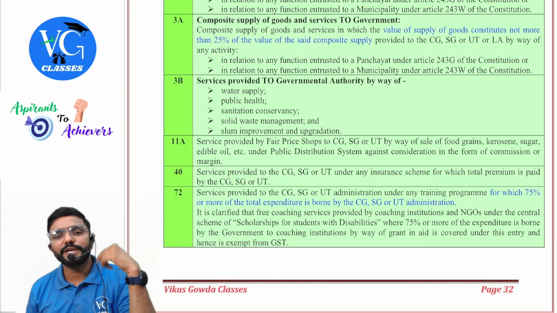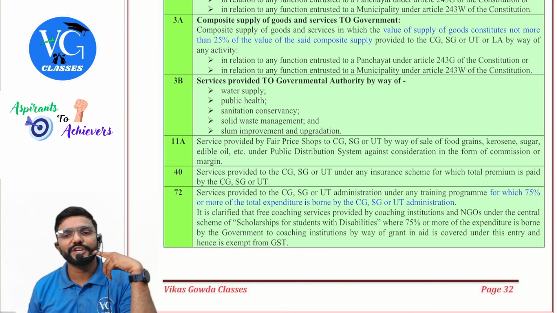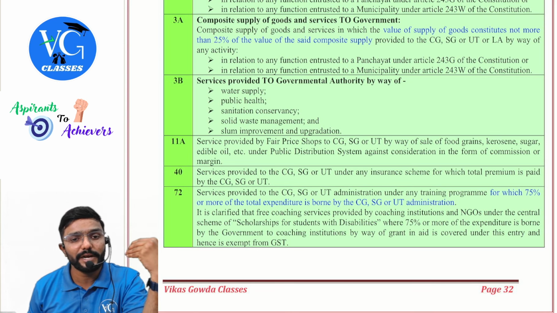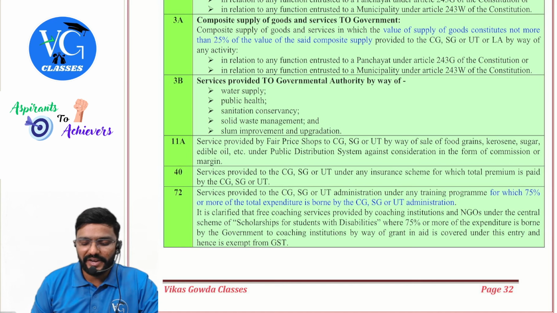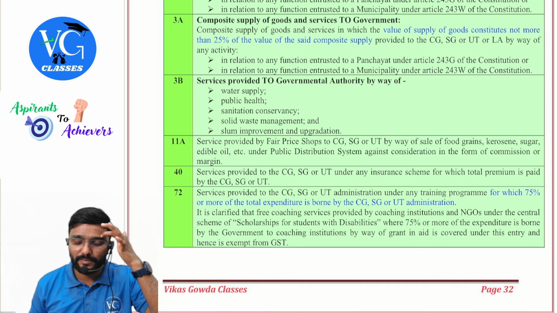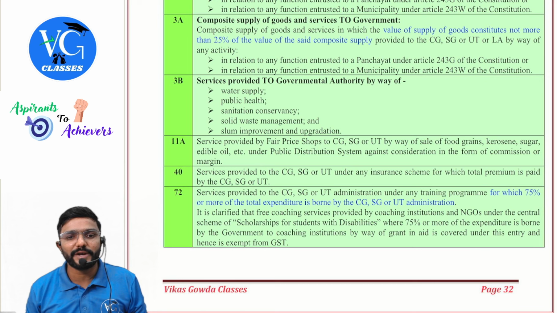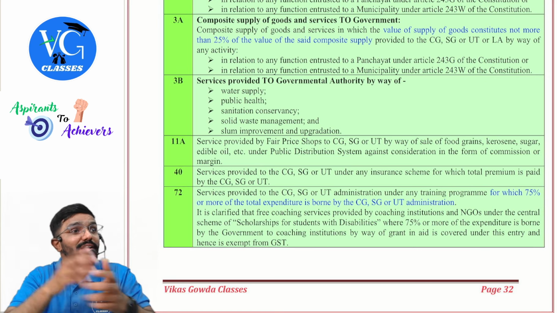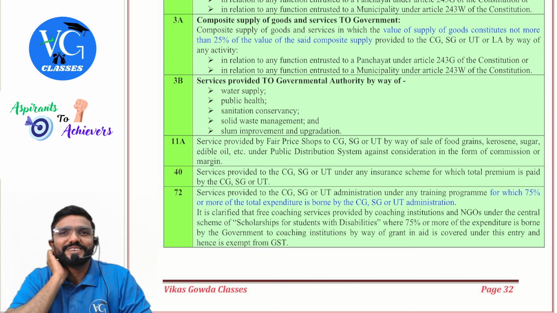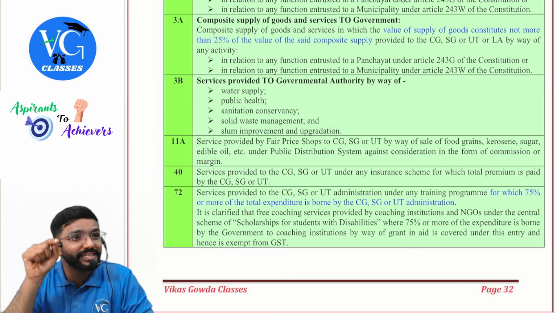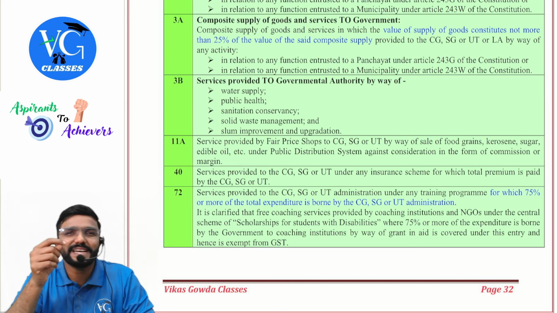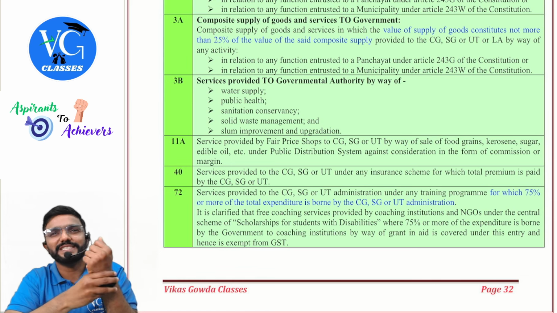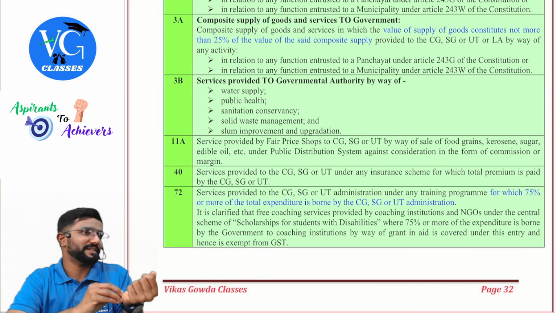To central government, state government or union territory by way of sale of food grains, kerosene, sugar, edible oil, etc. under PDS, that is public distribution system, against consideration in the form of commission or margin. The guy who will sit there, if he is an employee getting salary, is covered in the negative list. No, sir. That guy who will sit in that fair price shop is getting some commission or margin, not salary. Then it is exempt here.